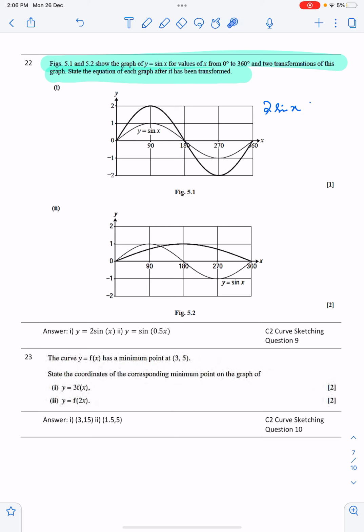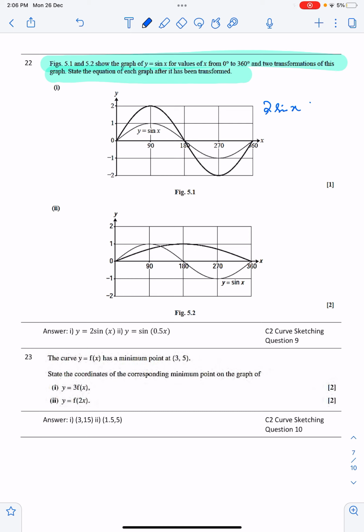If you notice this one, whatever was the distance from the y axis has actually doubled. This distance was 180, and this point has gone on to 360. That means it's a horizontal stretch with stretch factor 2. So how will you write it down?